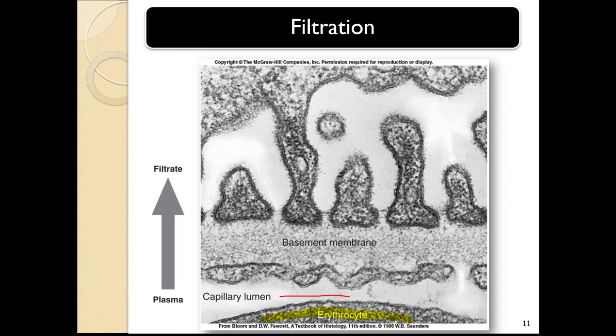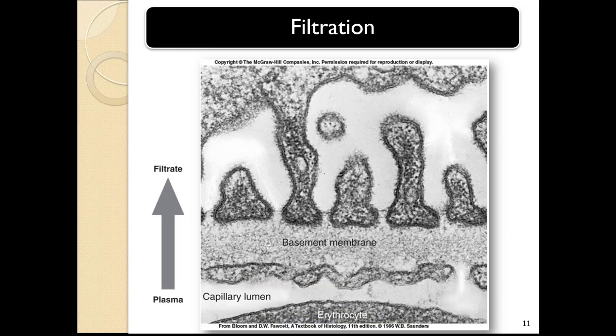Our first filtration layer is the endothelial layer. And you can see here one of the fenestrae, a hole, a pore, between two of the endothelial cells. So this is what we're talking about as far as it being porous through this layer.